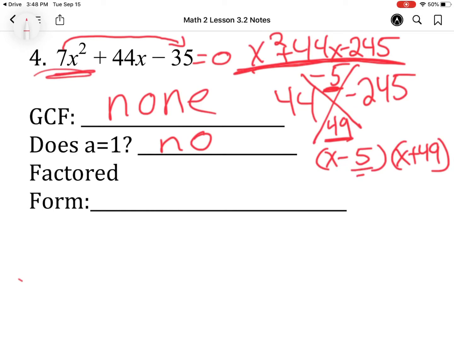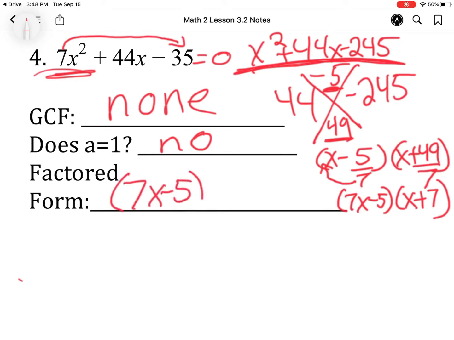So we're going to have to divide by 7, because the method's not just slide, it's slide and divide. Can't simplify 5 over 7, so the denominator moves to the front. You can simplify 49 over 7, which is 7. So here is your factored form.